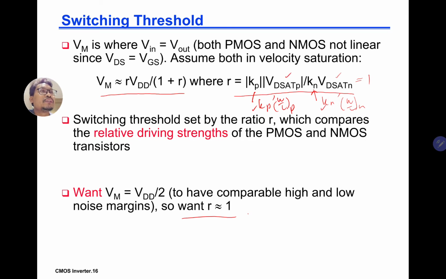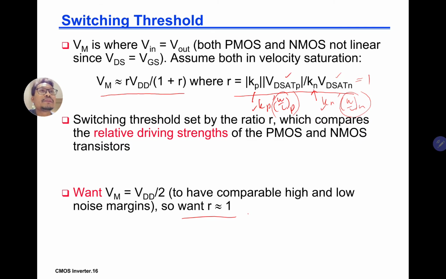So the two parameters that we can control to have VM equal to VDD over 2 are actually W over L of P and W over L of N. Okay, so that's why we can control how our inverter behaves by modifying the size of the PMOS and NMOS.